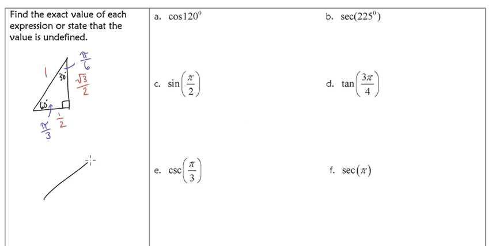You also have your 45, 45, 90 right triangle. And so 45 degrees, 45 degrees, and your right angle. And this one, in terms of radians, would be pi over 4, or 1/4 of pi.